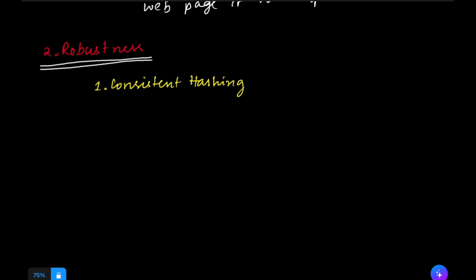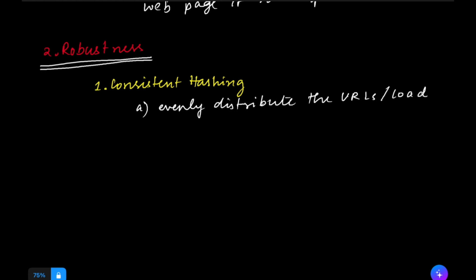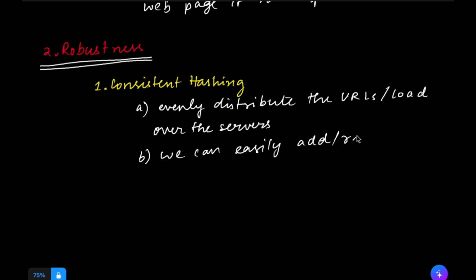The benefit of using consistent hashing is that we can evenly distribute the URLs or the load over the servers. Another is that we can easily add or remove servers depending on the load.